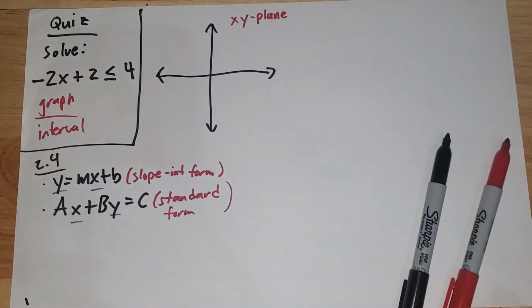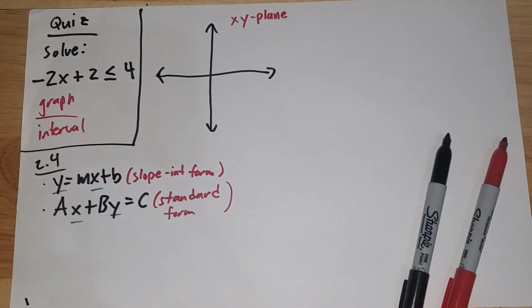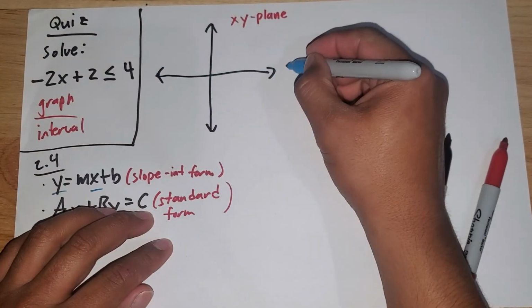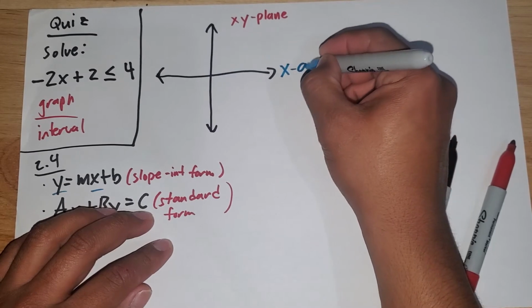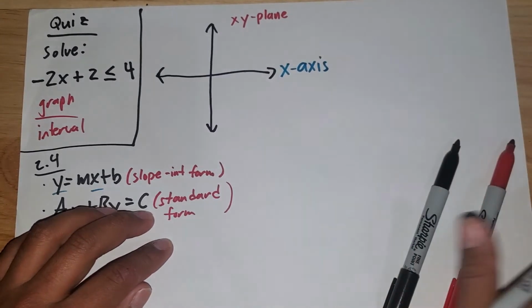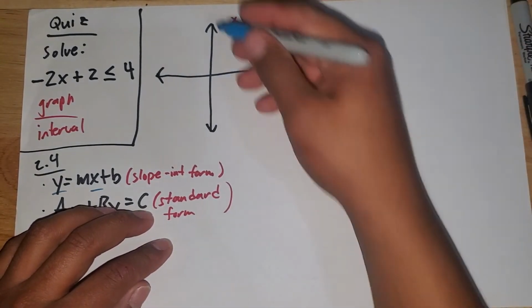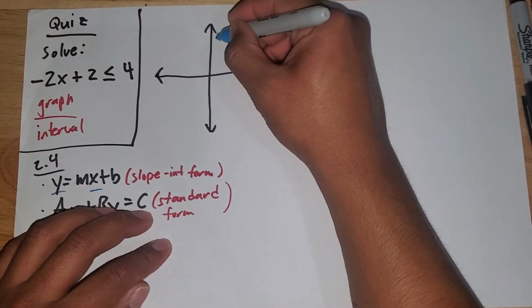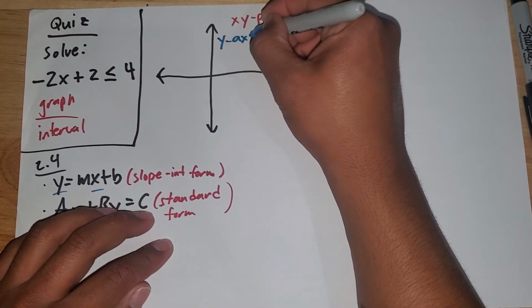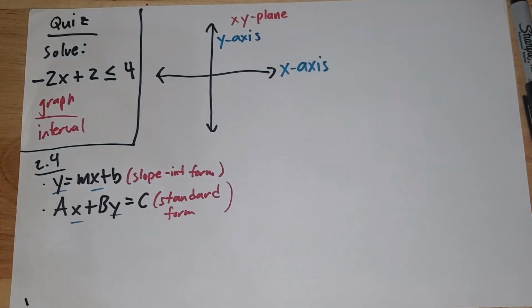I don't know if you guys remember that. The reason why they call it the XY plane is because this horizontal line is your X axis. And the vertical line is your Y axis.